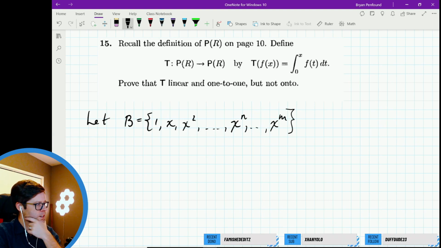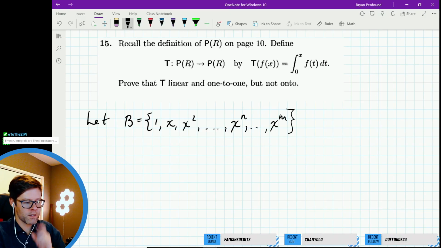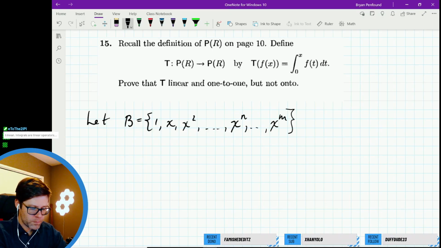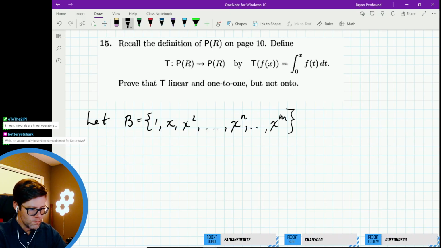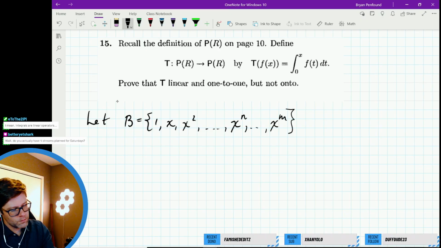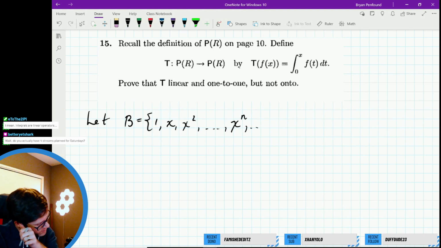Yeah, it might not necessarily be a probability density function, but we're looking at the accumulation across 0 to x. Is this going to be an infinite dimensional space?